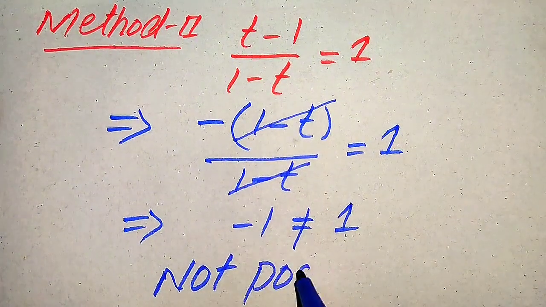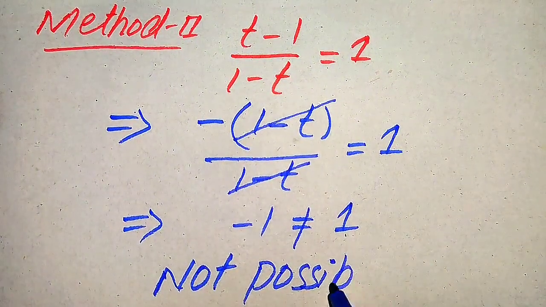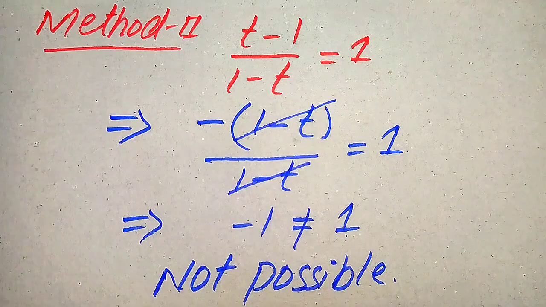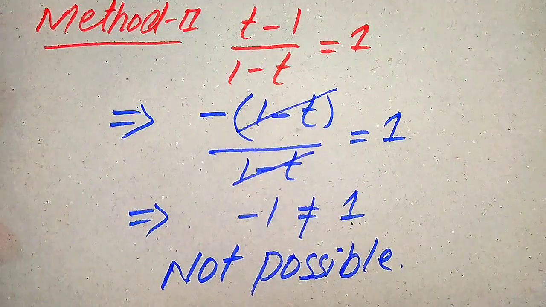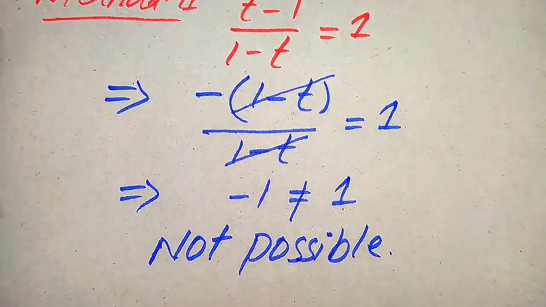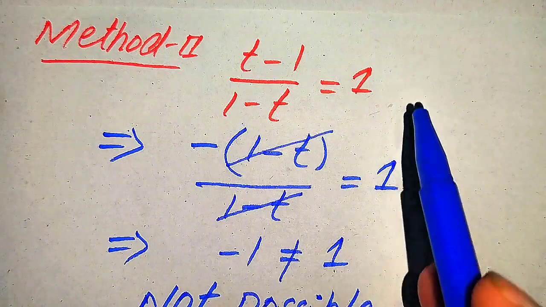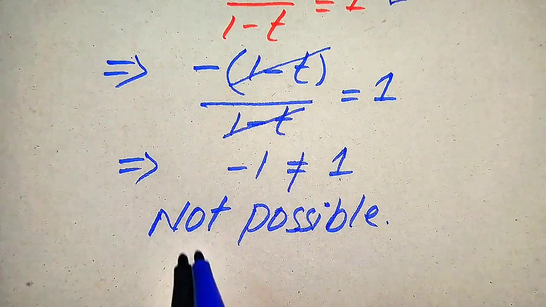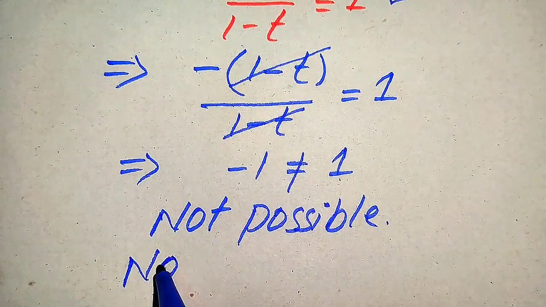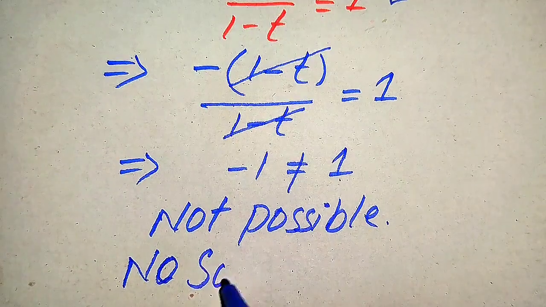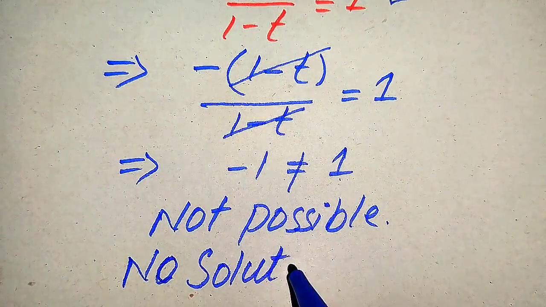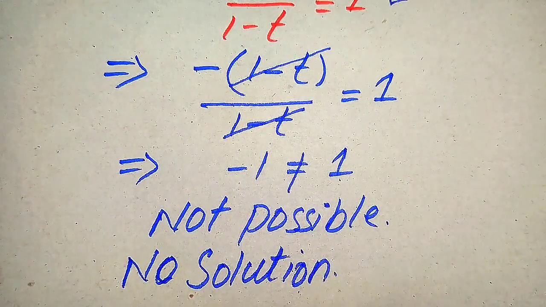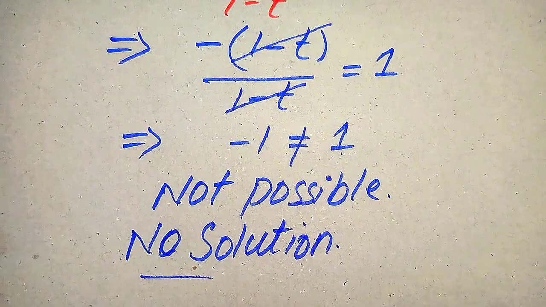Okay, it is not possible. Minus 1 is equal to plus 1. So if this is not possible, this means that our given equation has no solution for the value of t. So in the second method, again we conclude that our given equation has no solution.